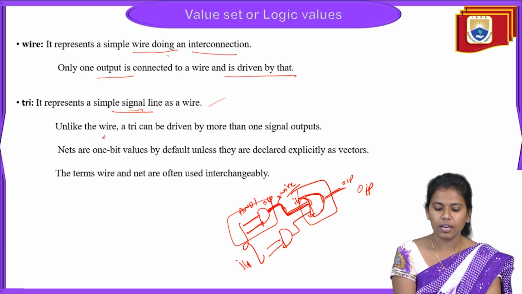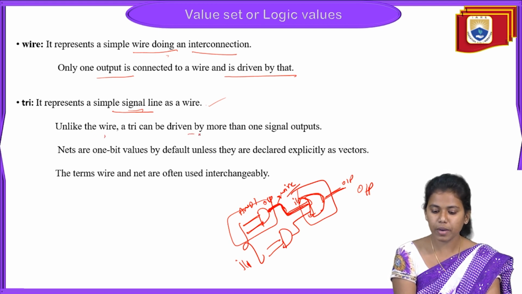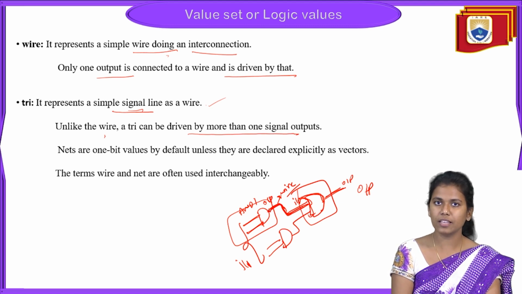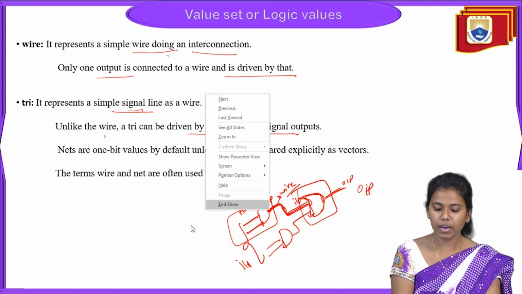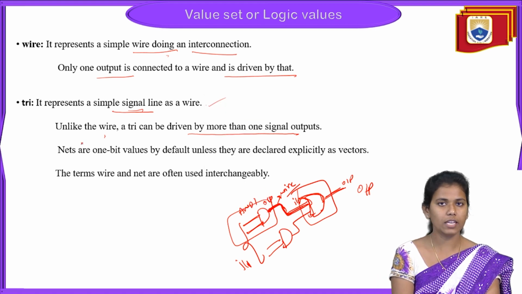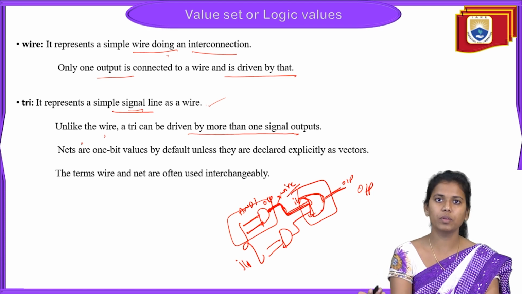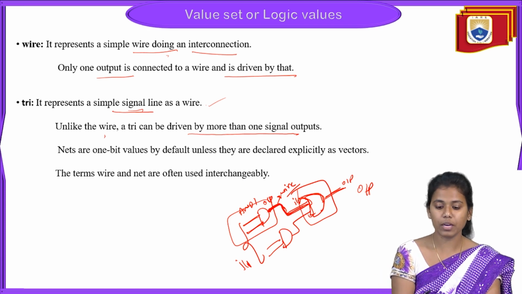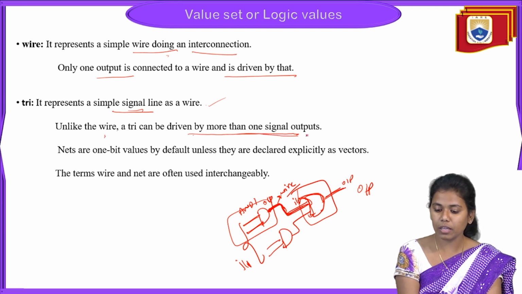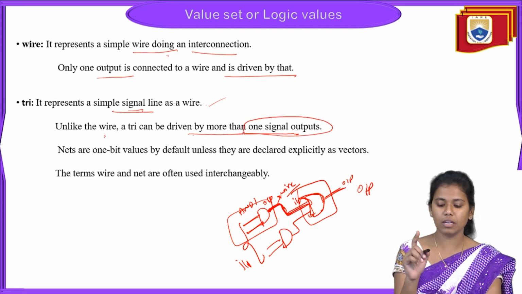Unlike the wire, a tri can be driven by more than one signal's output. What does wire say? Wire says only one output is connected to it. Tri is not like that. It is more advanced, and it can be driven by more than one signal output.